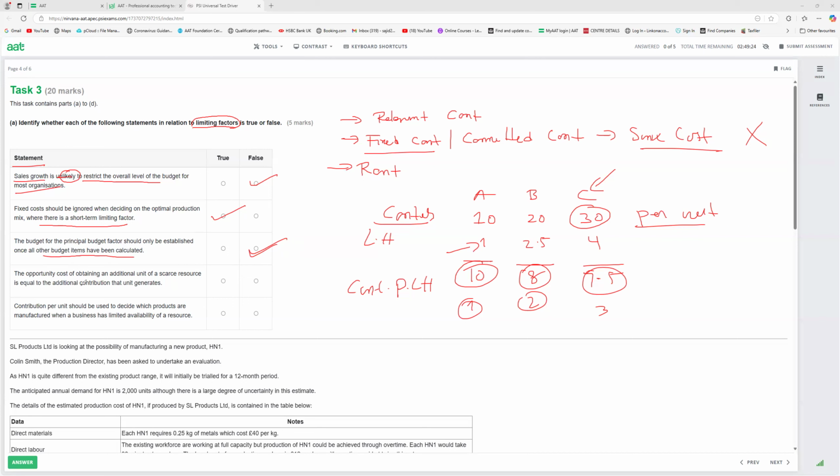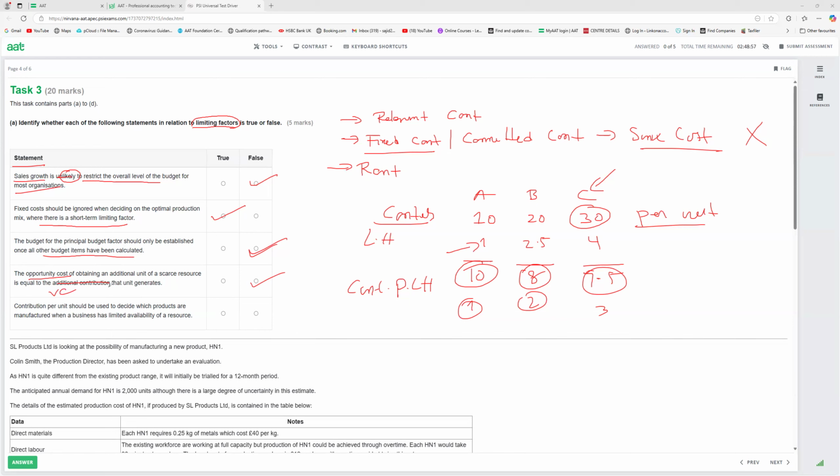The next one we have here: opportunity cost of obtaining an additional unit of scarce resources is equal to the additional contribution that unit generates. This is not true because the opportunity cost of obtaining an additional unit of scarce resources is equal not to the additional contribution, but to the variable cost that unit generates.